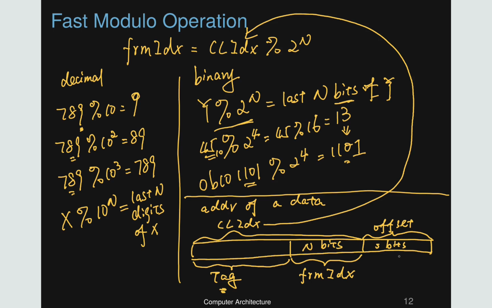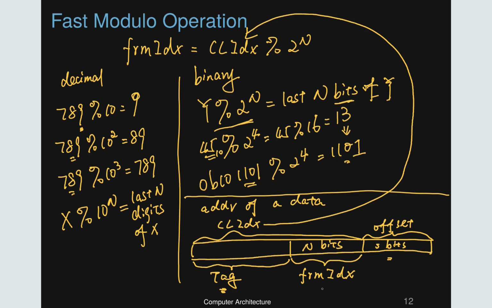So in this way, we partition the address into 3 parts. First, the offset of that piece of data, indicating exactly which piece of data within the cache line we're going to access, which word inside the data.